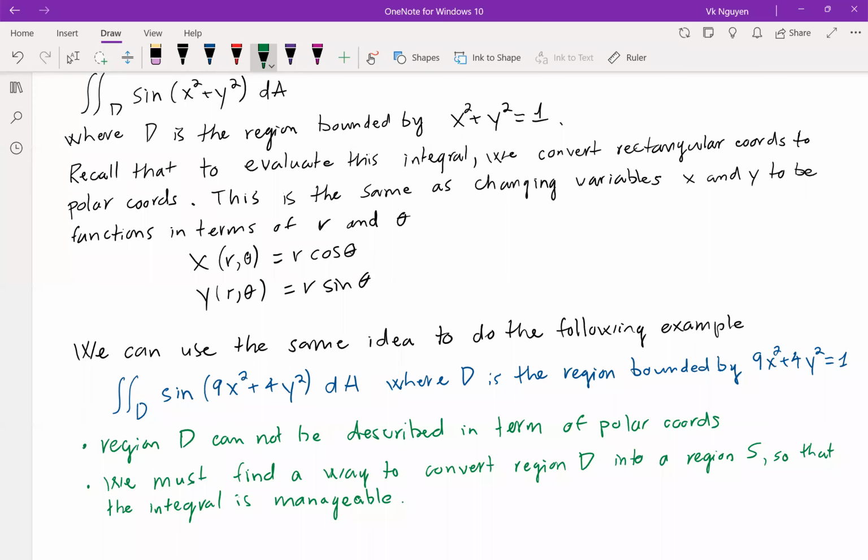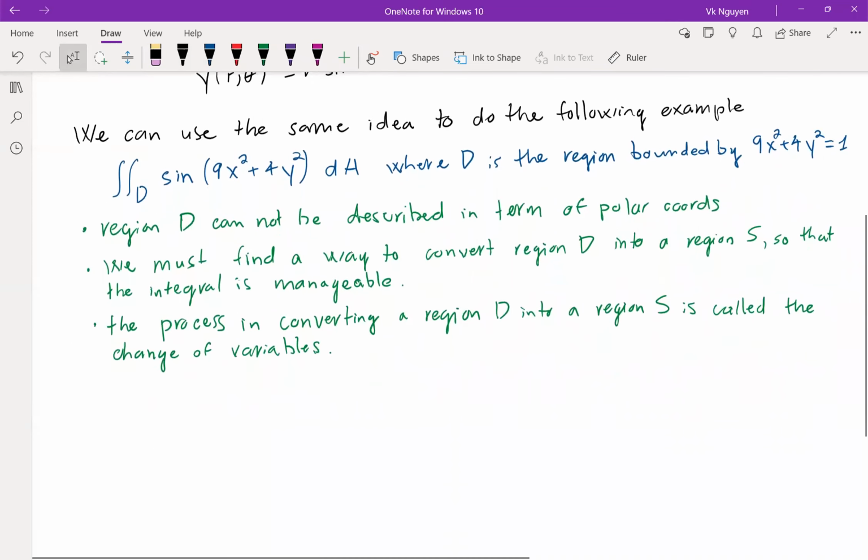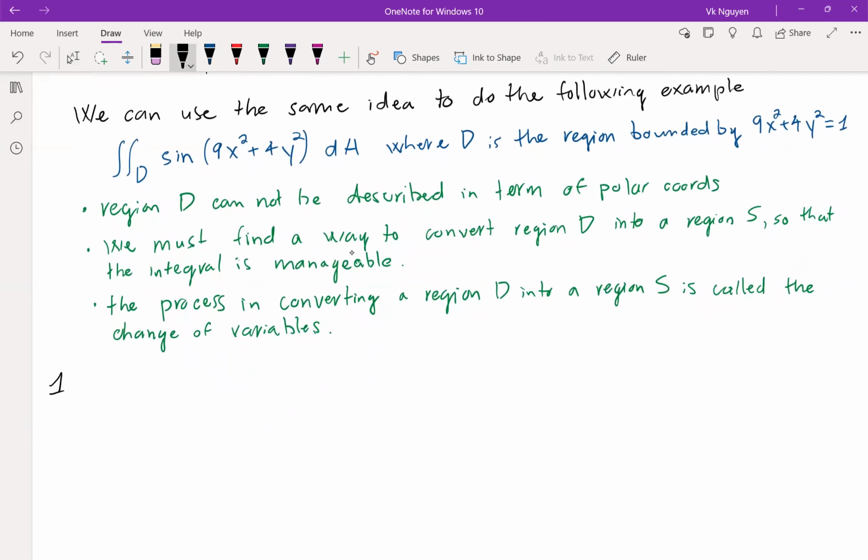The process to convert region D into region S is called change of variable. So here comes number 1: change of variables and the Jacobian.